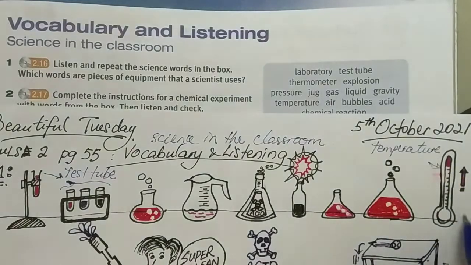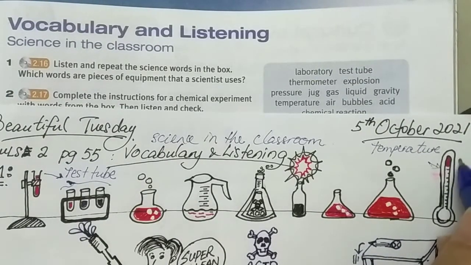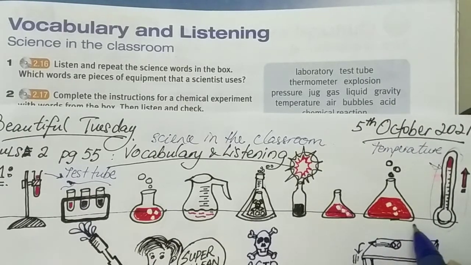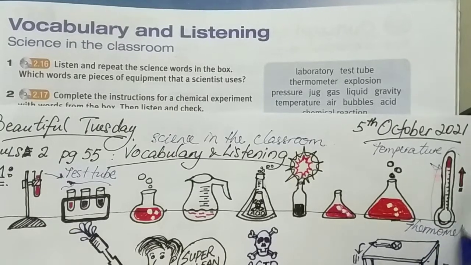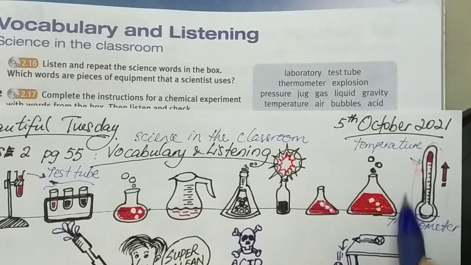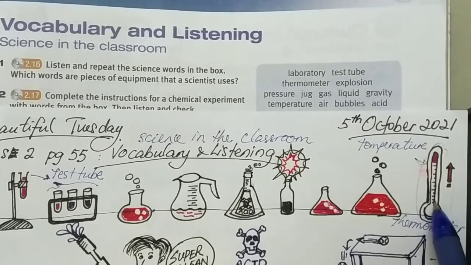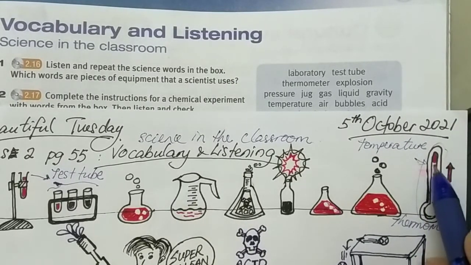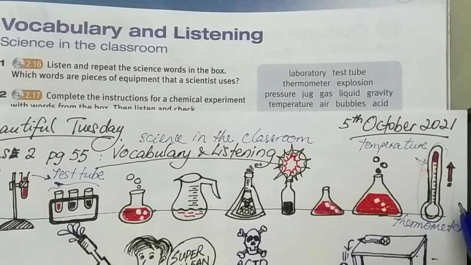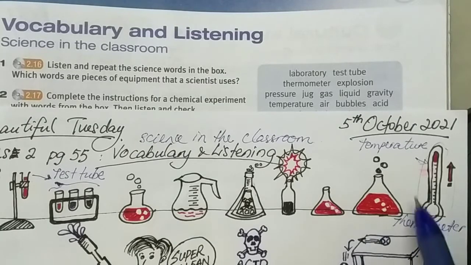The equipment itself is called a thermometer, the whole thing. I put it down here, thermometer. As the temperature goes higher, you can see the red dots here. So this is temperature, it goes up. Okay, next.